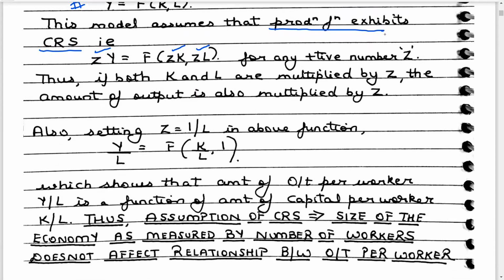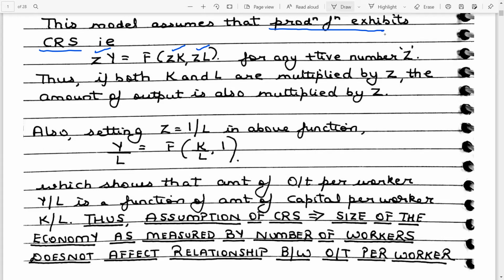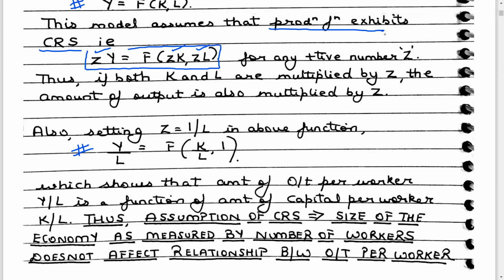This means that you can use this property of homogeneity. If you put z as 1/L in this function, you get Y/L is a function of K/L, 1. So what is Y/L? Y/L is nothing but the output per worker. K/L is nothing but the capital per worker.